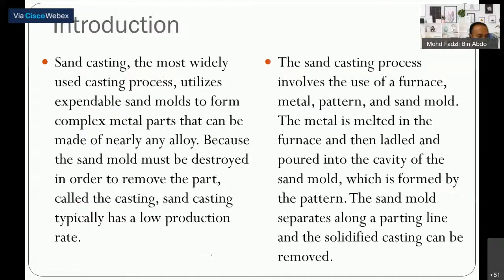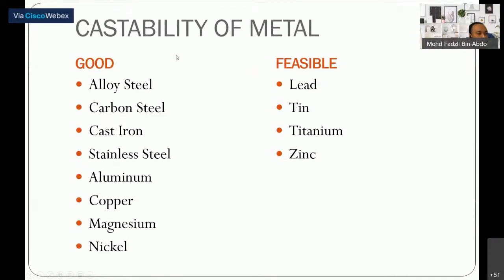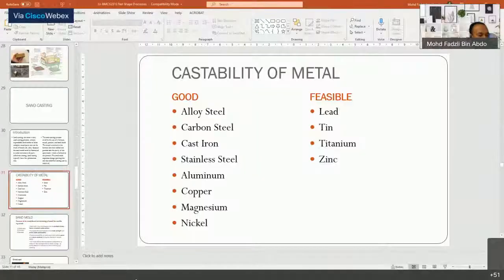Ya, saya ada video tak? Video untuk ni. Saya tengok ada tak video sand mold. Centrifugal casting, loss form, sand casting. Okay, kita tengok video sand casting. So awak nampak lah dia punya ni macam mana.